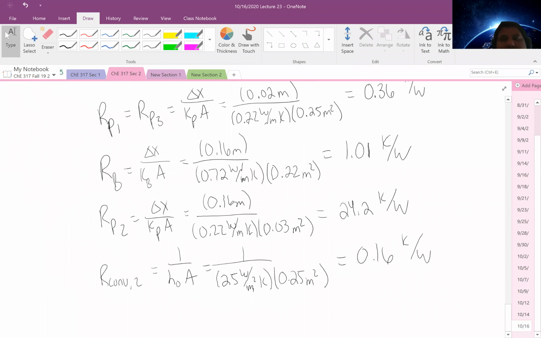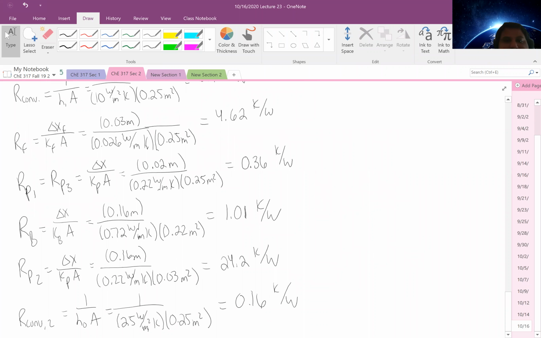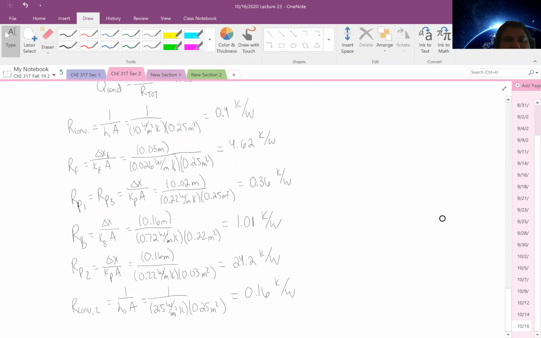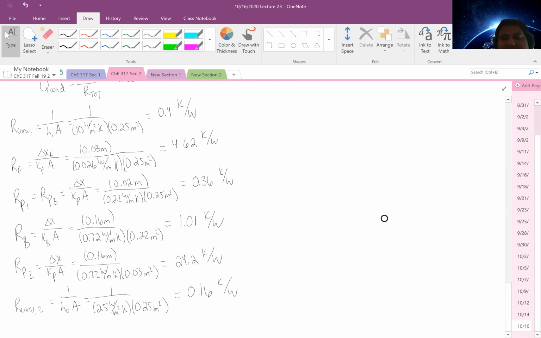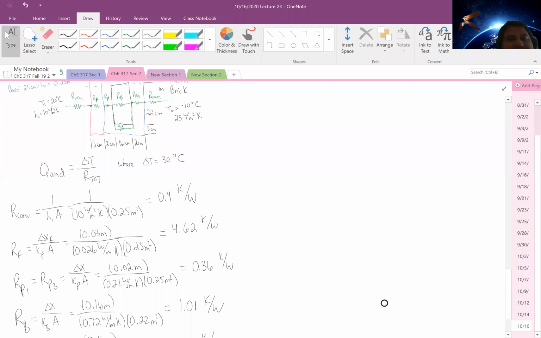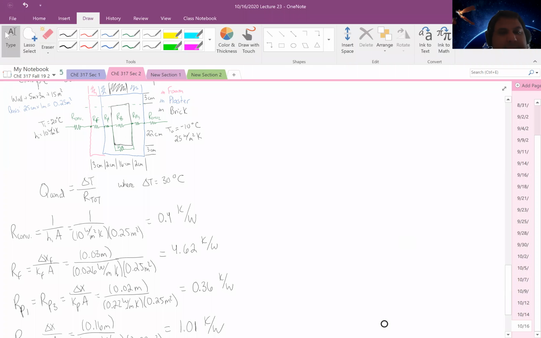So now we have all of the thermal resistances in the system, and I'll zoom out so you can see each of them. This one's a little bit of a long problem, but it will be useful for homework as well as looking at how we can apply this resistance in series model.